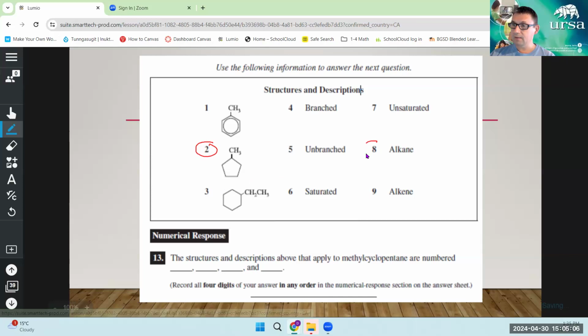So it's an alkane. It's saturated. Can't put any more on there. Then the question is it branched or unbranched? Well, it does have a branch, this methyl group. So 2, 4, 6, and 7.